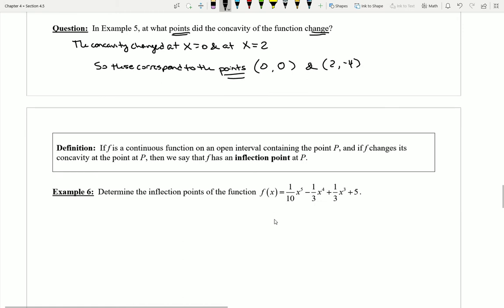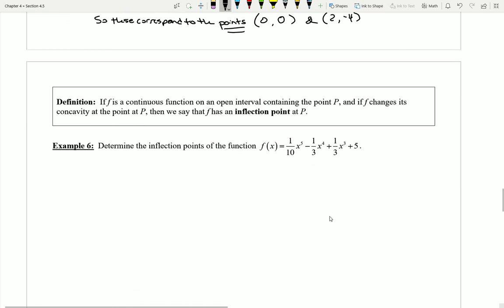So let's go ahead here and take a look at example number 6. Notice that in this question we're being asked to find the inflection points of the function. Well, again, since inflection points are linked to changes in the concavity, to find inflection points I always have to go to the second derivative.